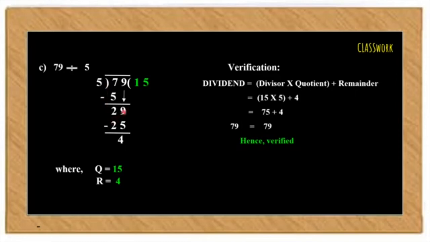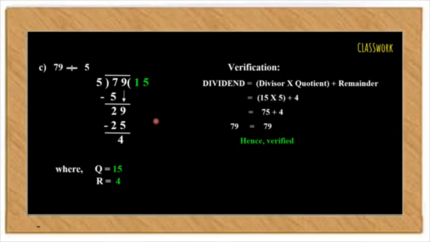We bring down the second digit of the dividend down to obtain the new dividend as 29. 5 multiplied by 5 gives us 25. When we subtract, we get 4 as the answer. So, our quotient is 15 and remainder is 4.